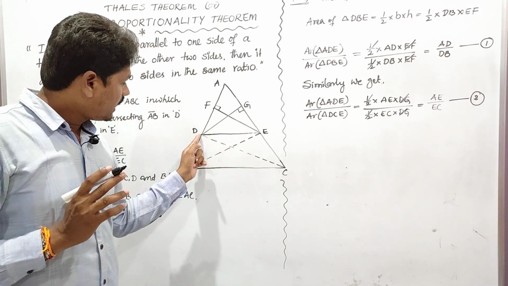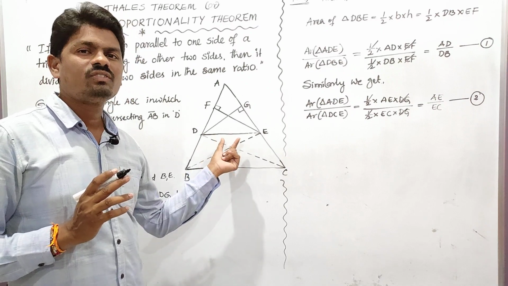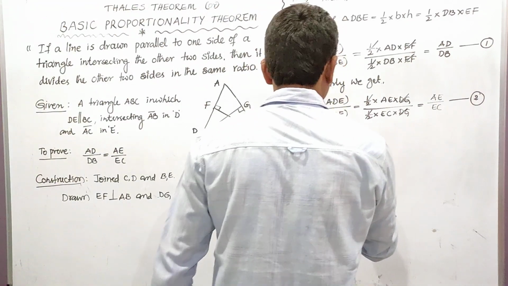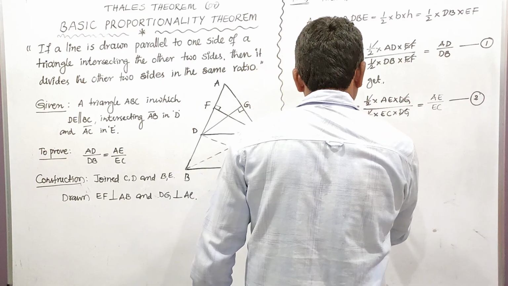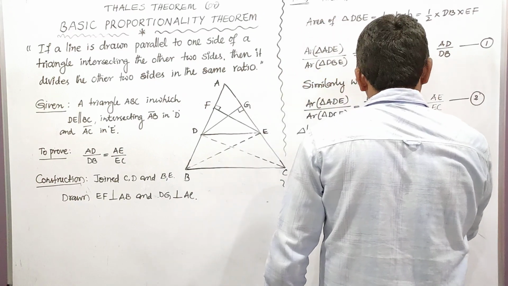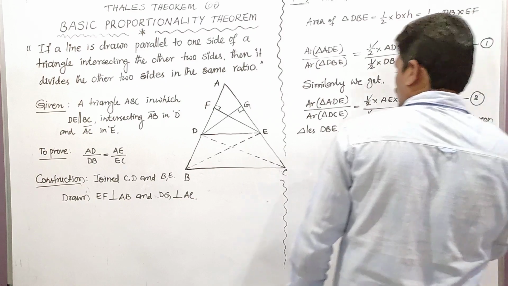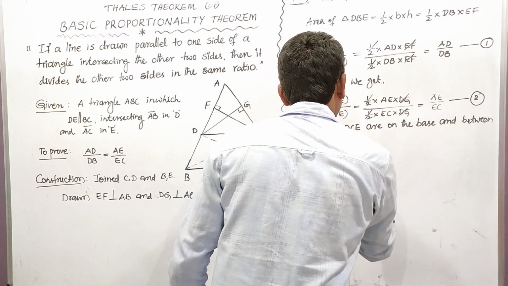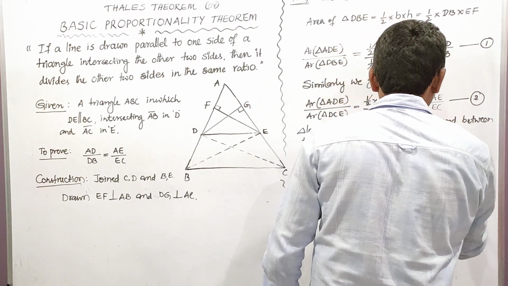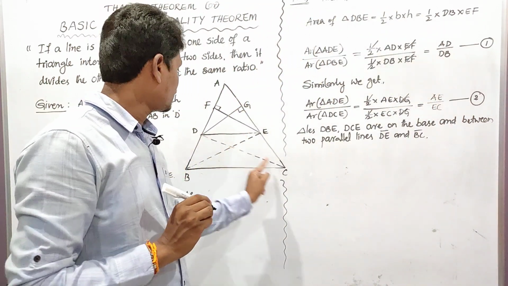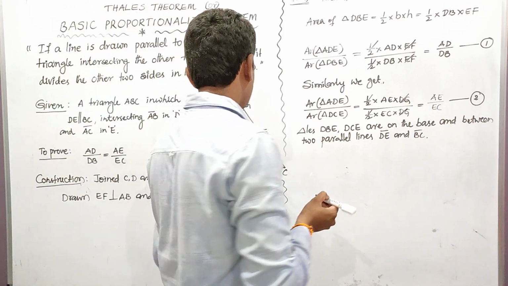So here, triangles DBE and DCE are on the same base DE and between two parallel lines DE and BC, hence the area of triangle DBE is equal to the area of triangle DCE.